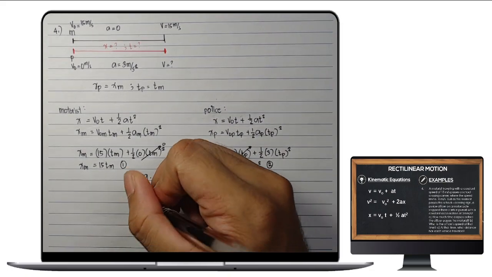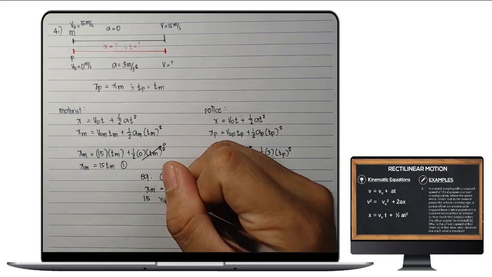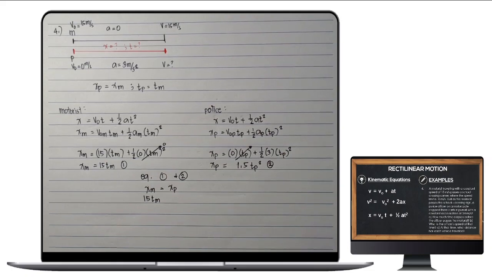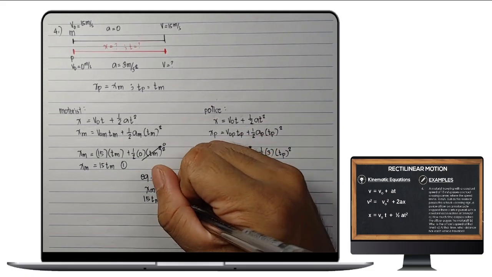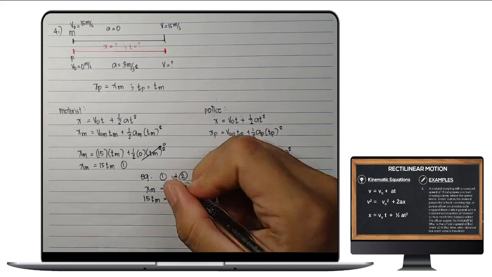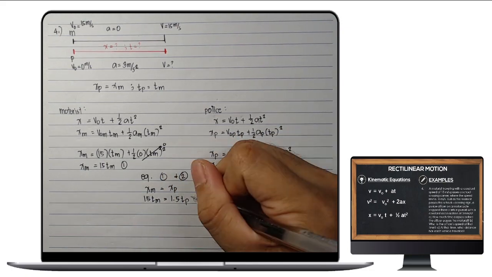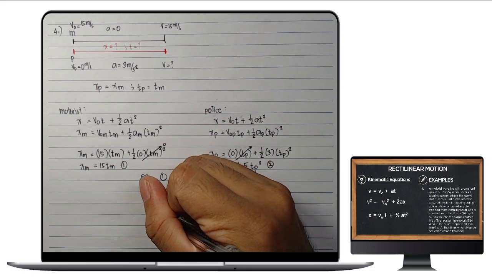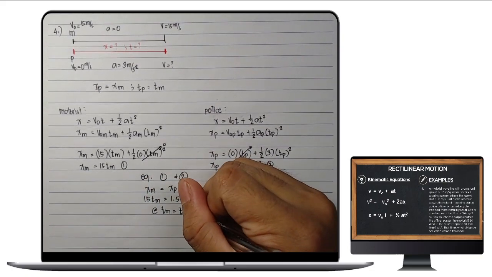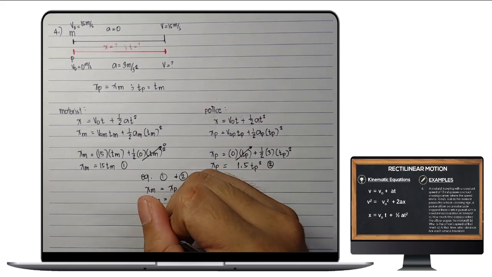Substituting, x of the motorist is 15 multiplied by the time of the motorist, equal to 1.5 times time of the police squared. But we all know the time of the motorist is equal to the time of the police.